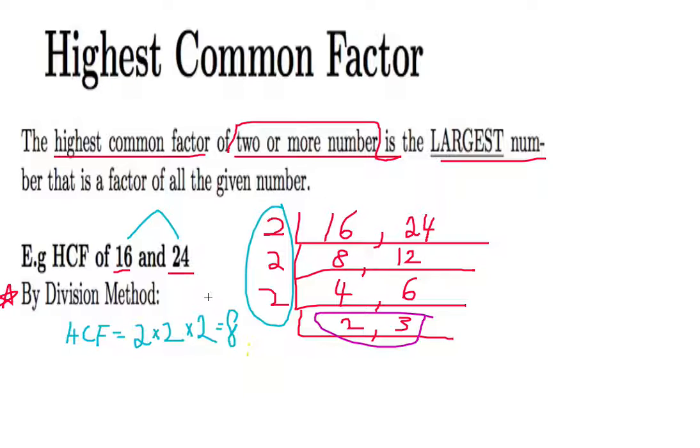Okay, and there's another case where there are more than two numbers where you have to find the highest common factor. So this is the next question, where you have to find the highest common factor of these three numbers. So you use the same method again. So 8, 16, 24.